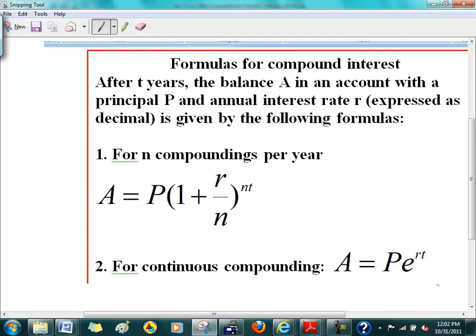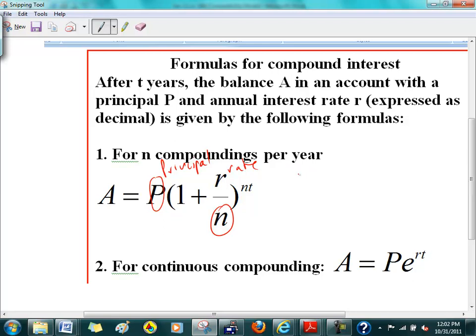All right, so for n compoundings per year, this is what we mean. This guy is called the principal, meaning the initial amount of money you put away in the bank. R is for rate, the percentage rate that you get. N is the number of compoundings.